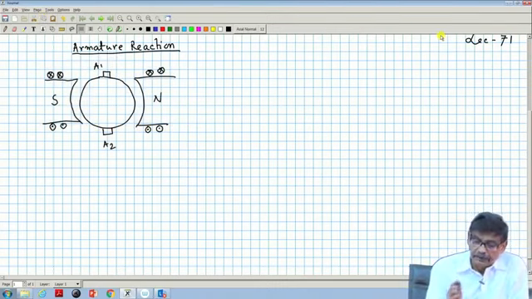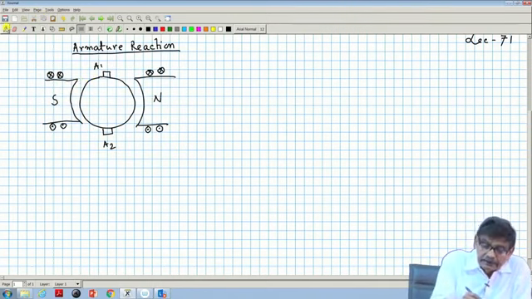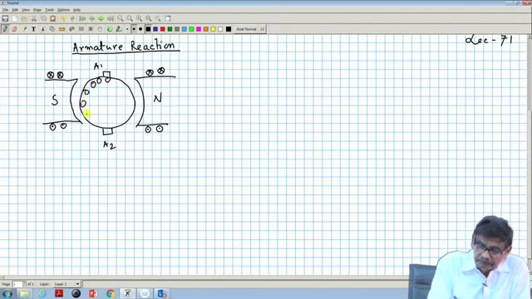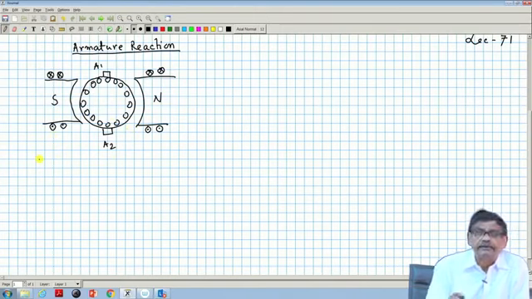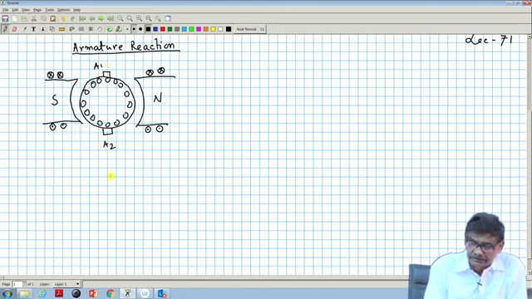So, this is the thing, and then there are armature conductors. This is under a pair of poles, all angles here are in electrical degrees. This is the direct axis along this line, and this is the quadrature axis.